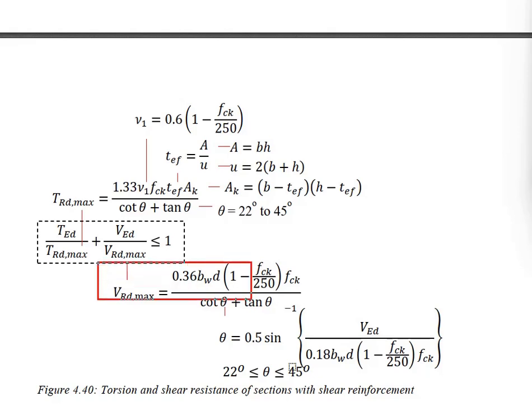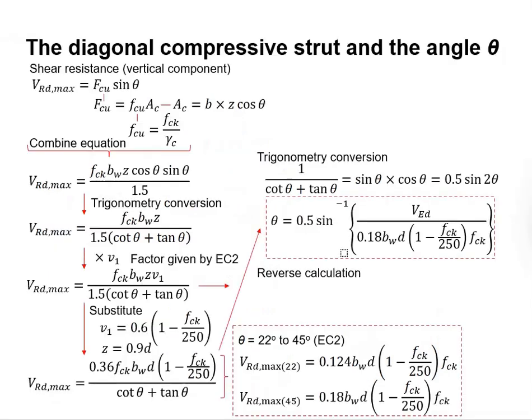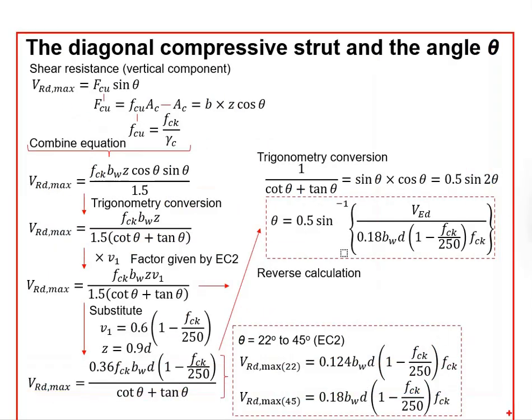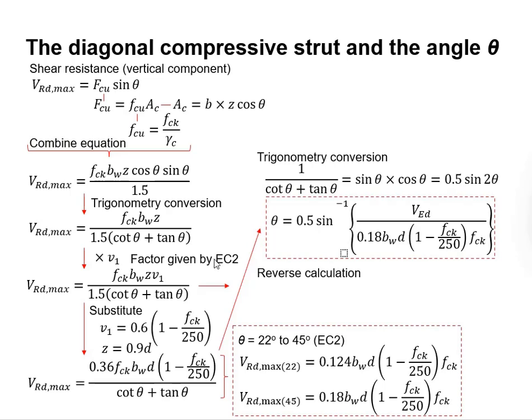The formula for VRD max you may refer to the chapters regarding the shear load design as given in this slide. What you see here, as always, Eurocode applies a strength reduction factor in the calculations also, which eventually is reflected here.